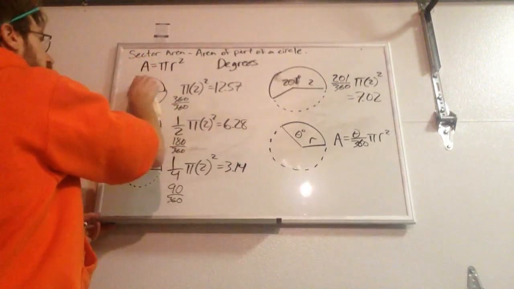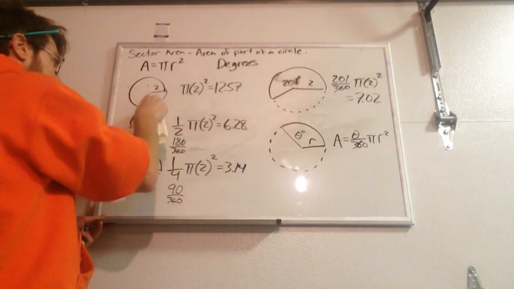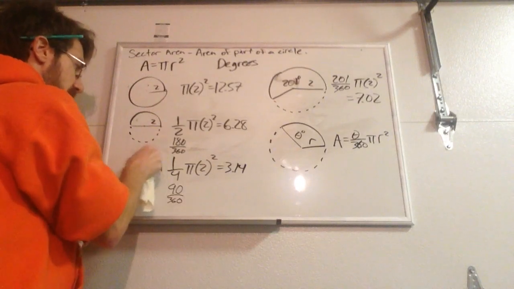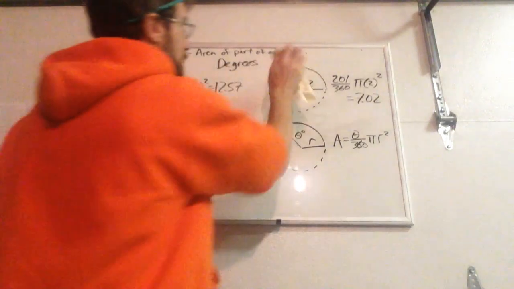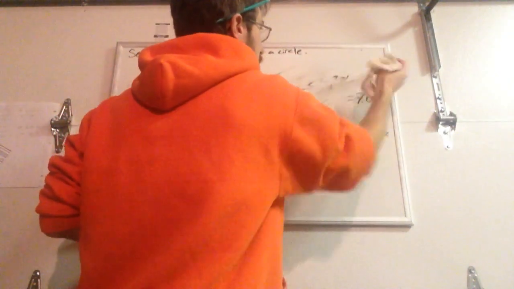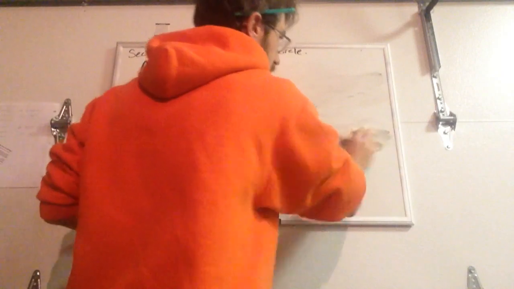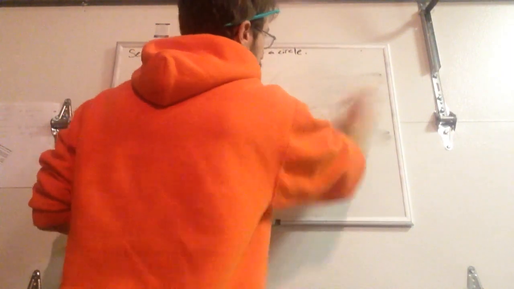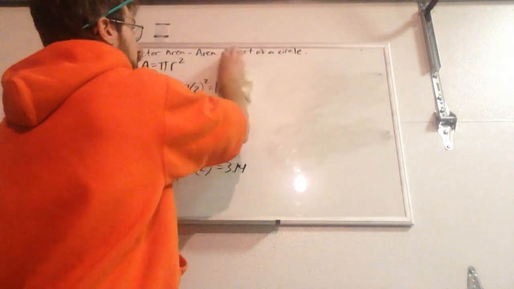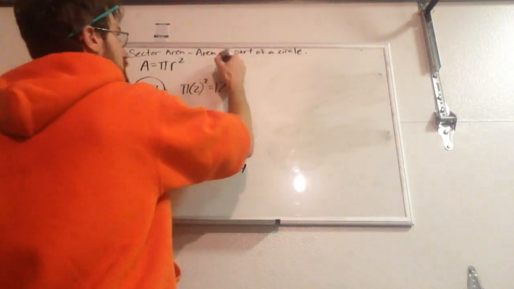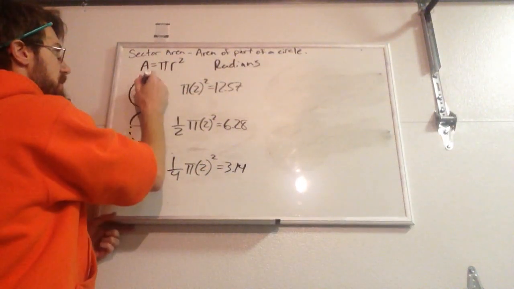Now with these, I'm not going to erase everything like I did last time. Make this a little bit shorter and just take out the stuff that's going to change. Okay, so if we change this into radians now, a full circle is now 2 pi radians.